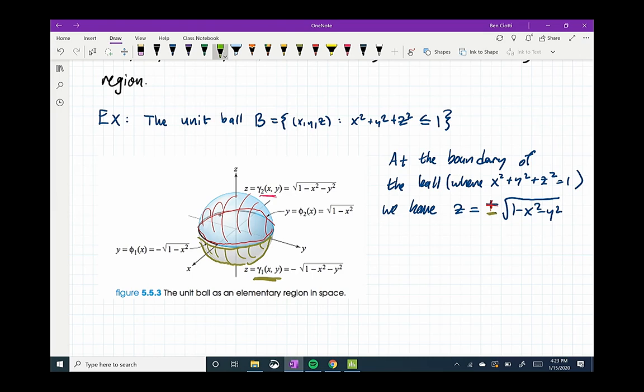In this picture, x and y are constrained to lie on the unit disk. That's the range of x and y values that are permitted. So that is the planar elementary region, something we've already studied. It's the set of x and y such that x squared plus y squared is less than or equal to 1.